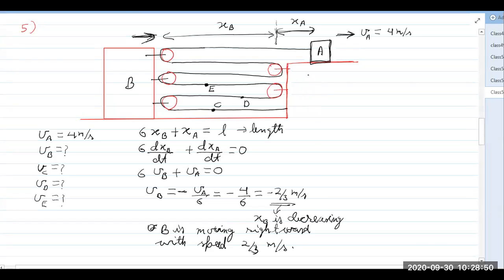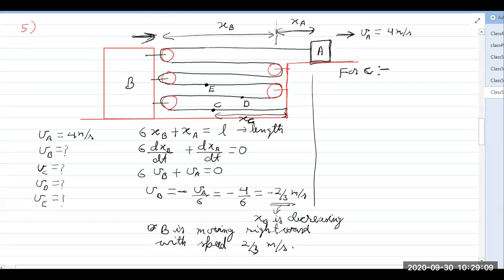Similarly, you can find it for other points. Suppose we consider point C. Suppose we write this length as XC.